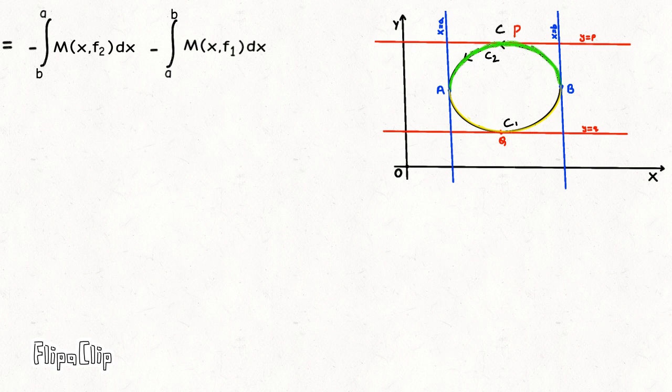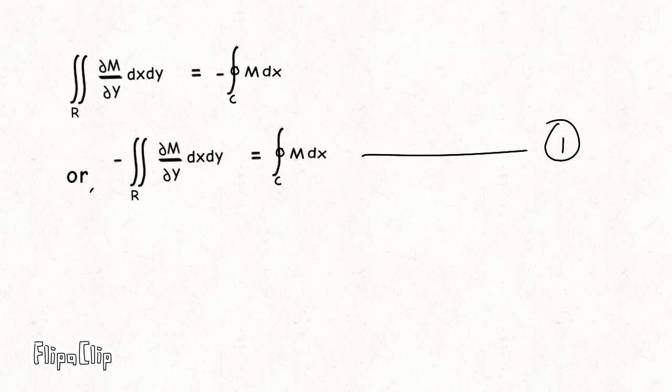So we can simply write the first part as the negative of the integral from B to A. Since the integration of the curve from B to A via the upper part is simply C2 and from A to B via the lower part is simply C1, we can write, which is again a closed integral over curve C. Let it be equation number 1.